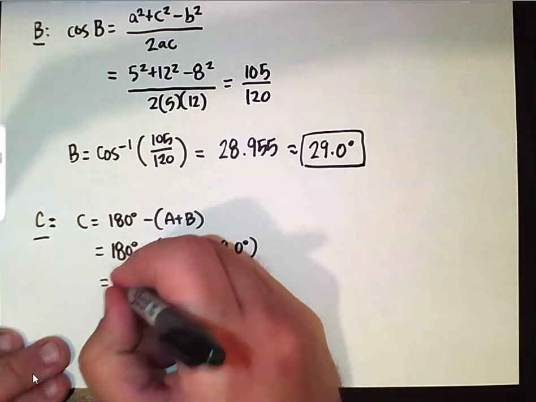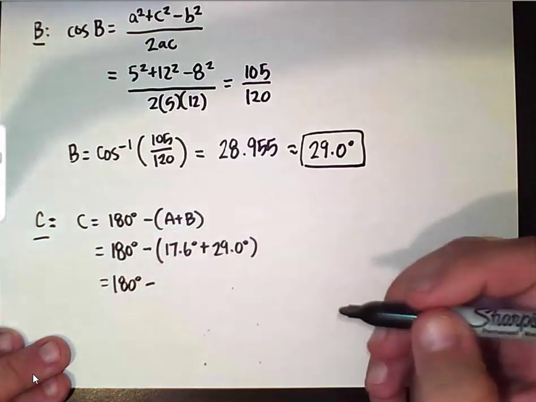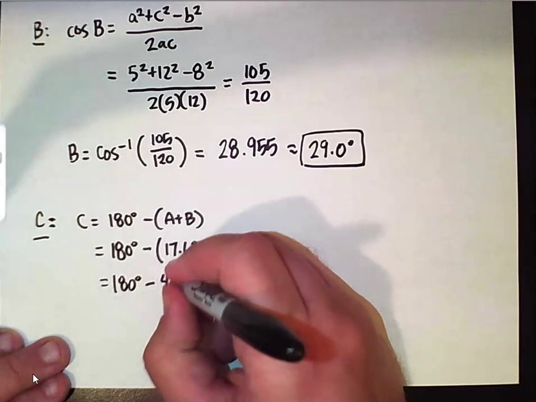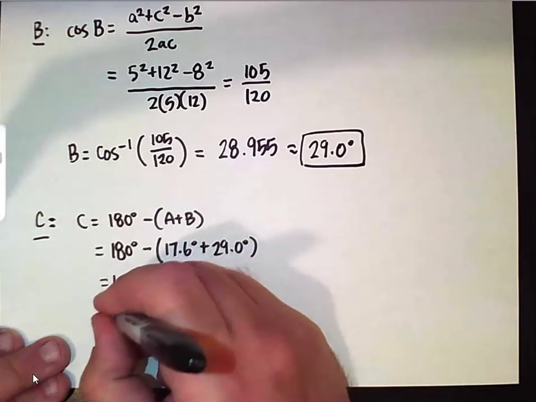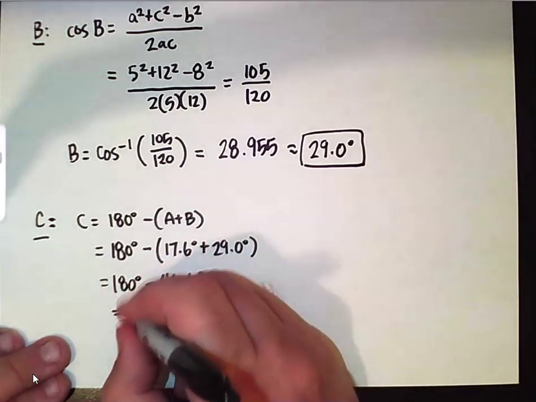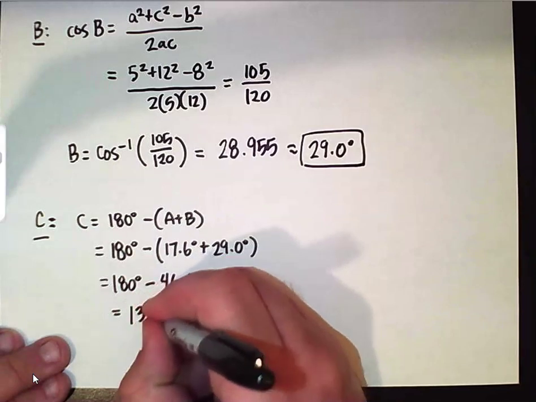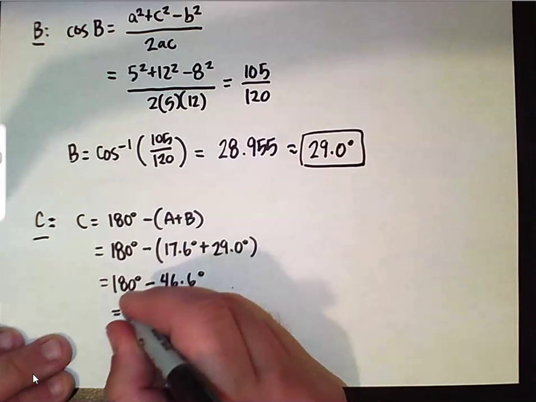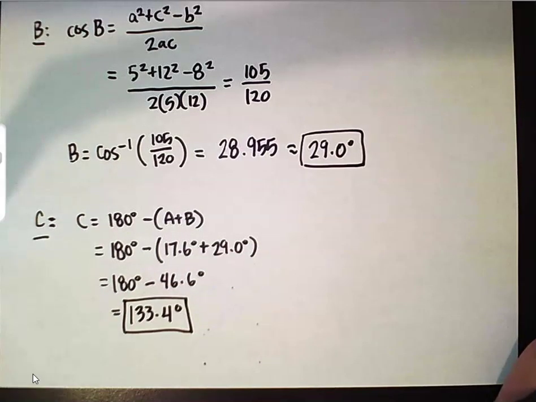So that's 180 minus 46.6. So angle C is 133.4 degrees. And so now we know all three sides, we know all three angles, we've solved that triangle.